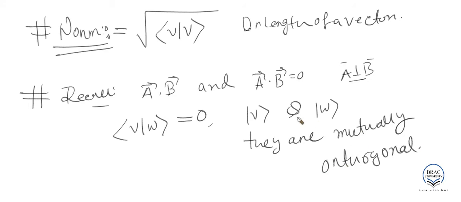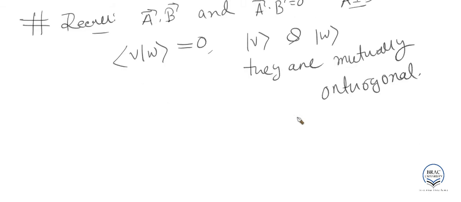And after this, we can go for another definition, that is a set of basis vectors of all unit norm.